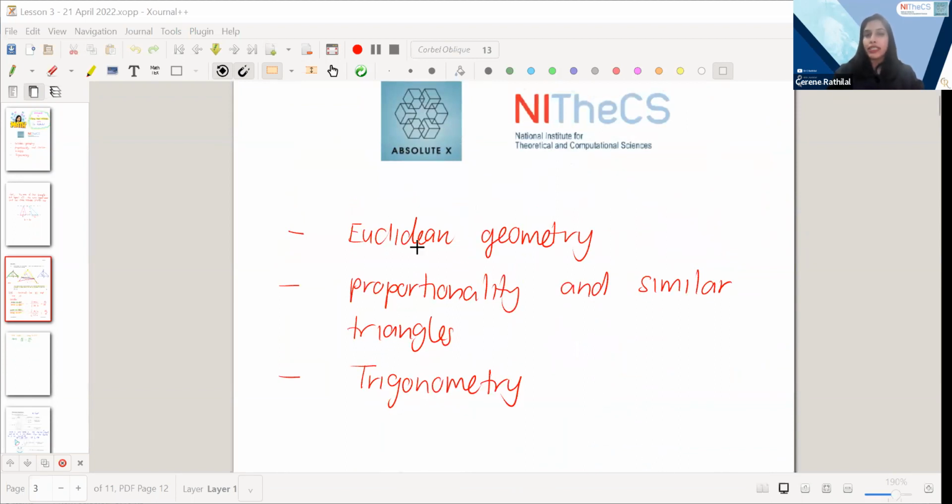Some of the topics we mentioned were Euclidean geometry, which we covered partially. We also looked at proportionality of triangles, and today we're going to touch a little on similar triangles, looking at some of the problems that we're going to be answering together.